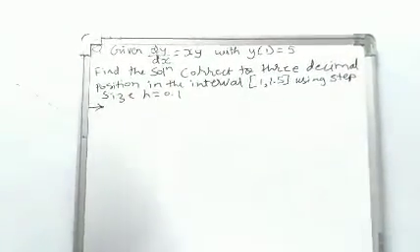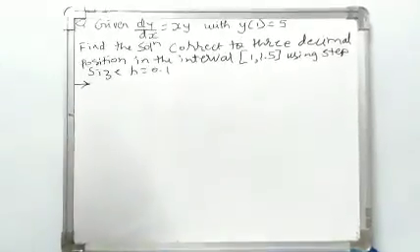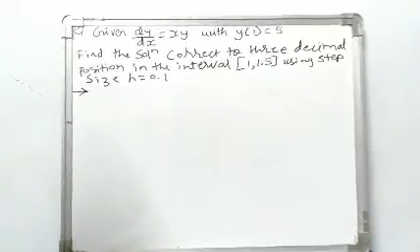Now today we have come up with an example: given dy by dx equals xy with y of 1 equals 5.